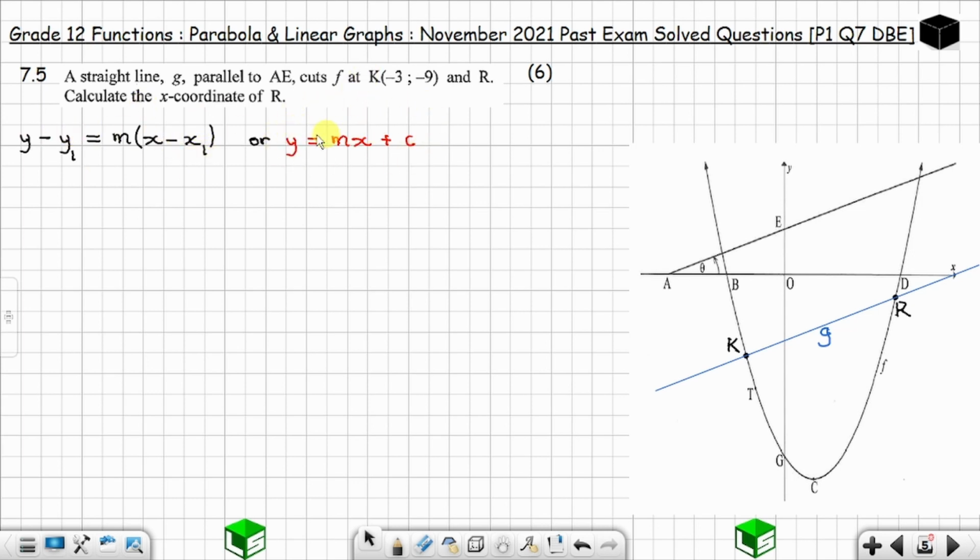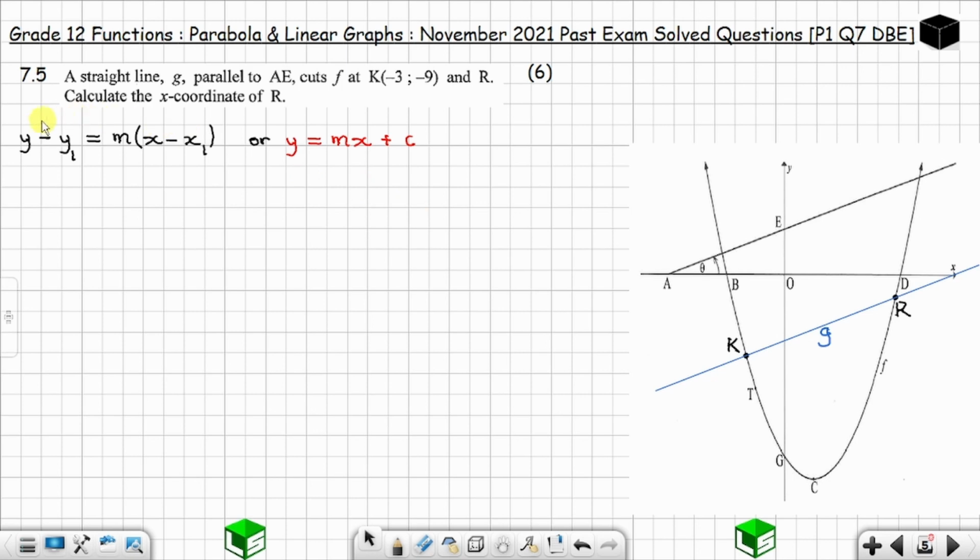You can use either of them to find the equation of this line G. When you find the equation of the line G, now you are going to make it equal to the equation of the graph of F. And so when you make them equal to each other, you can now solve for the coordinate of the point of intersection. The points of intersection are K and R.